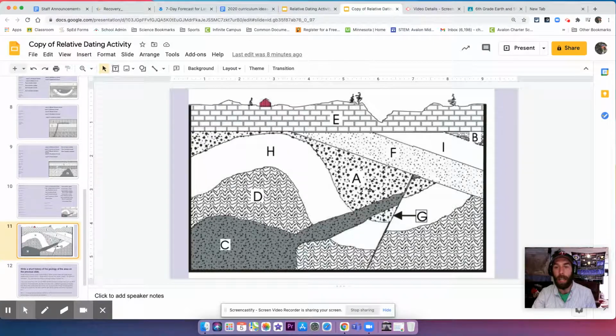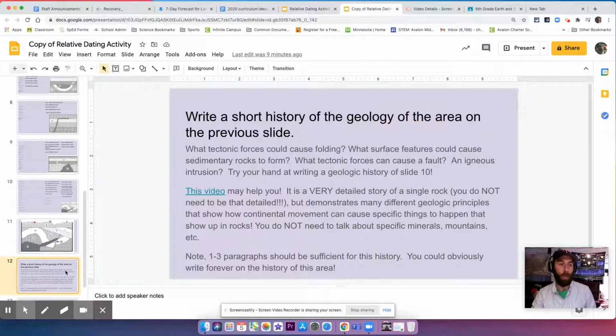So think about how to lay these layers down flat, how to make them wavy, how to cut through them, and then how to fault them. All right? Then F, I, and B happened, right? But they had to happen horizontally, and then they got tilted. Okay? Then they had to be eroded so that E could be laid down flat on top. All right, I think that's enough hints for that one.